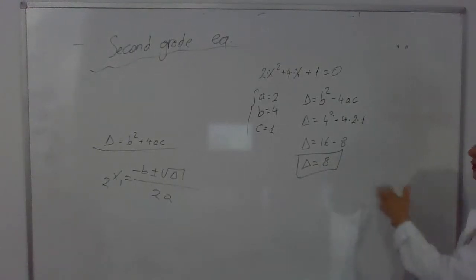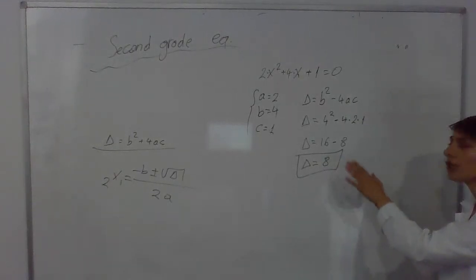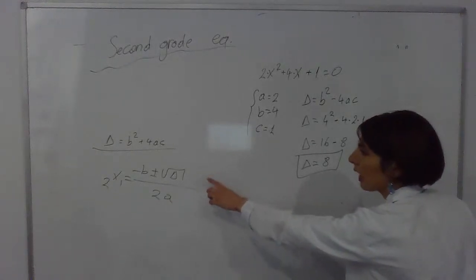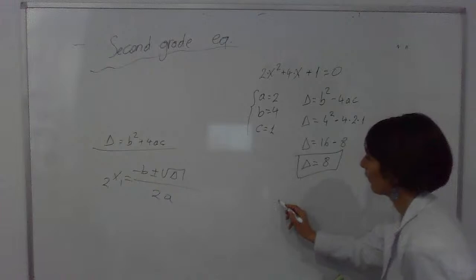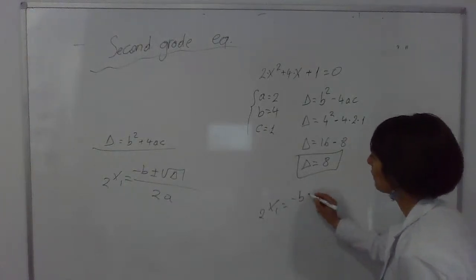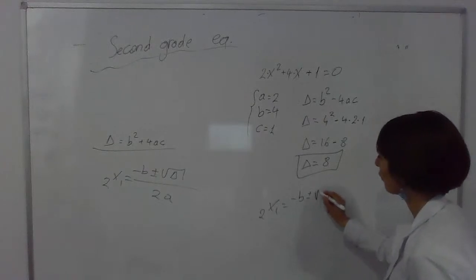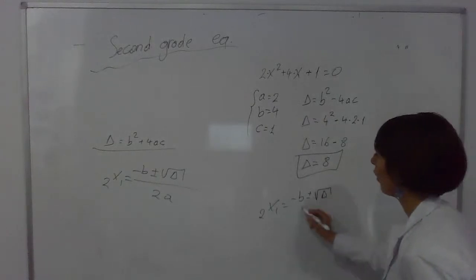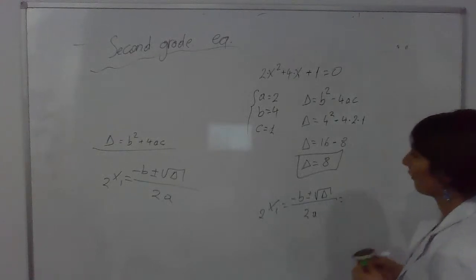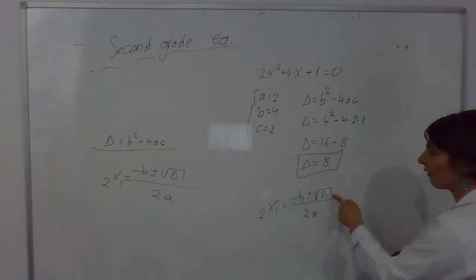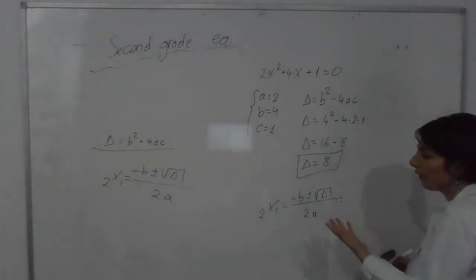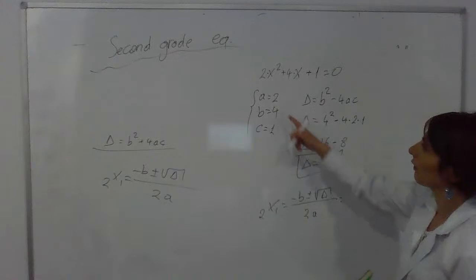So if I continue, because I haven't finished yet, I just found the delta, but I need the x1 and x2. So I know that x1, x2 equals minus b plus minus the square root of delta over 2a. So I have the value of b, I have the delta because I just found it, and I have the value of a. So it's very easy now. Instead of b, I can write 4.